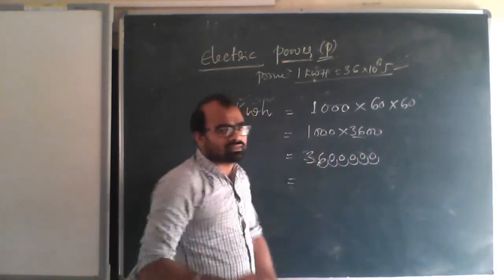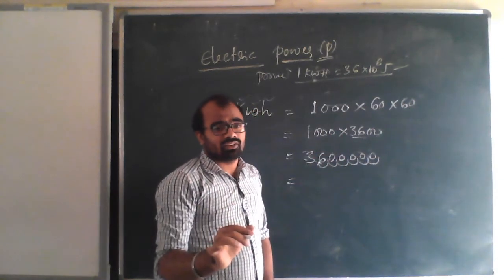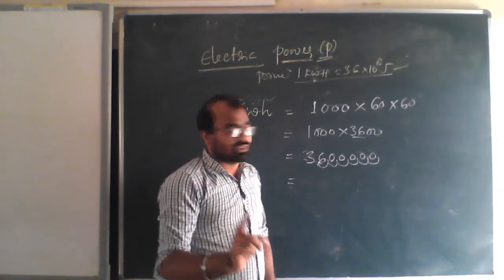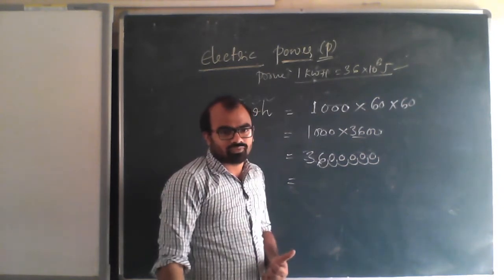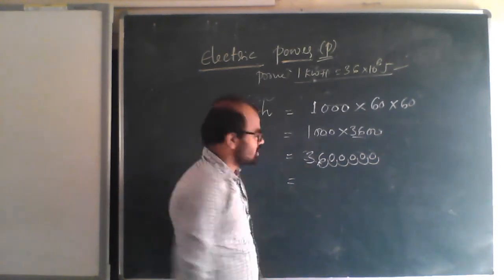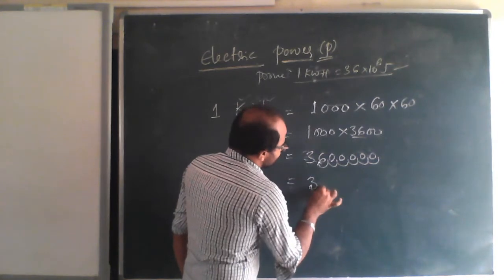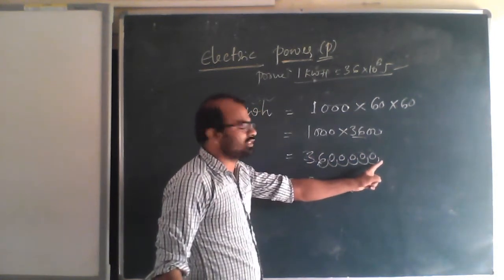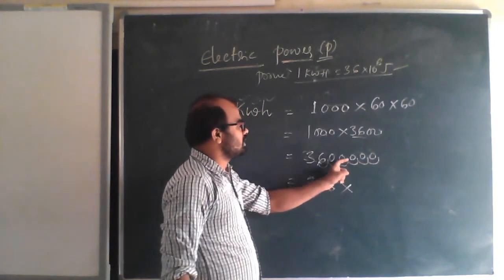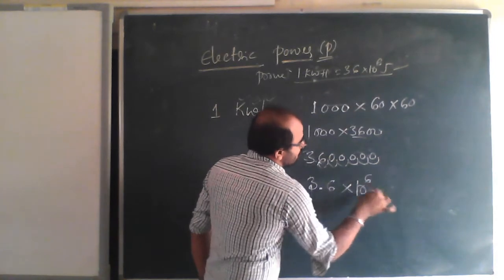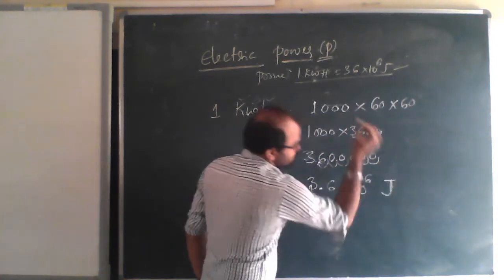It is preferred that we should put a point after the first principal number. So that is 3.6 into how many times have I shifted left? 1, 2, 3, 4, 5, 6. 3.6 into 10 to the power 6 joules.